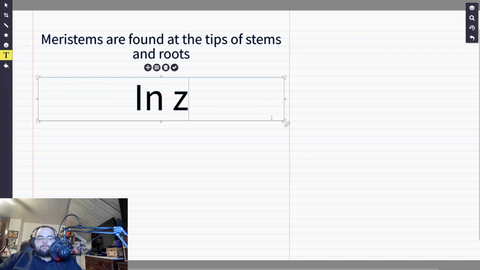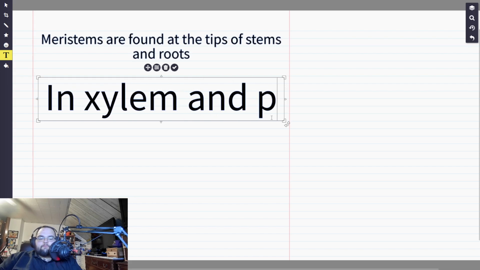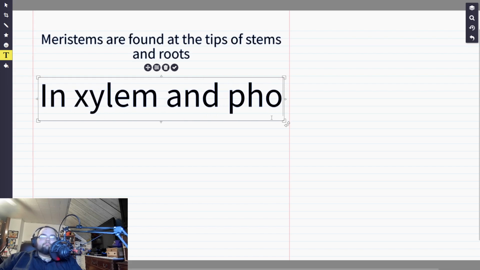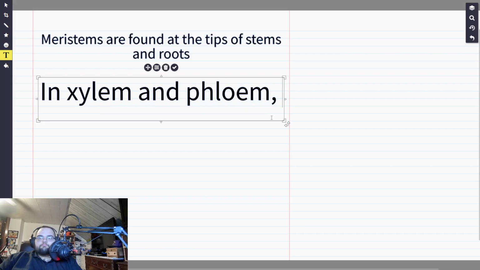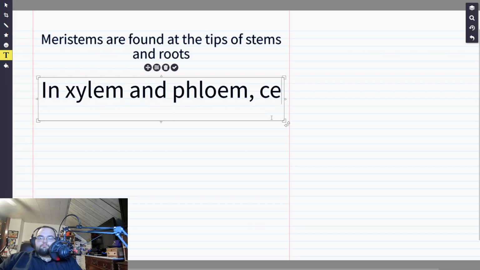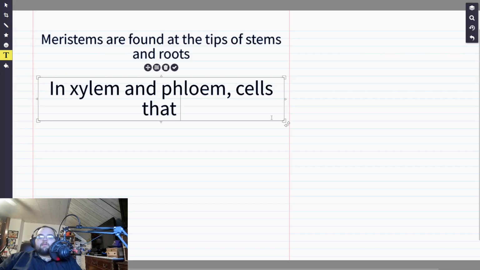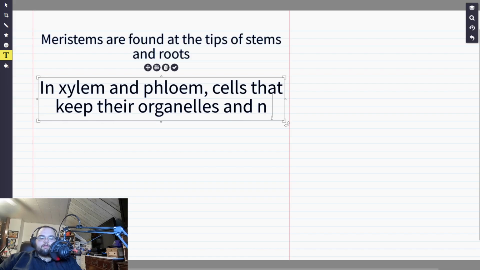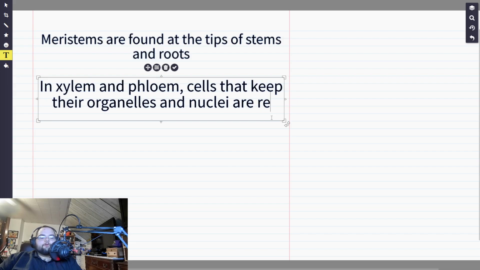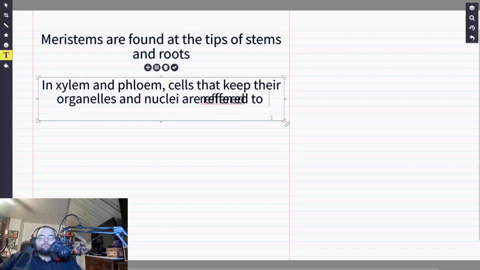In xylem and phloem, cells that keep their organelles and nuclei are referred to as companion cells.